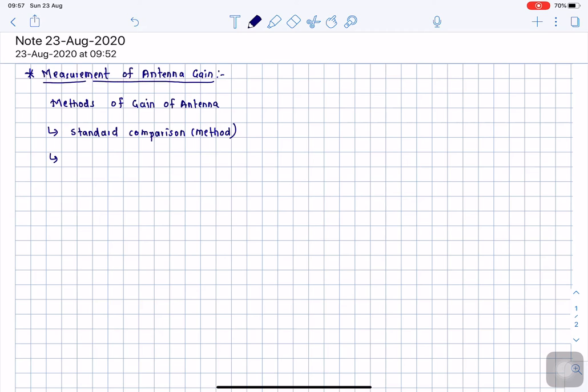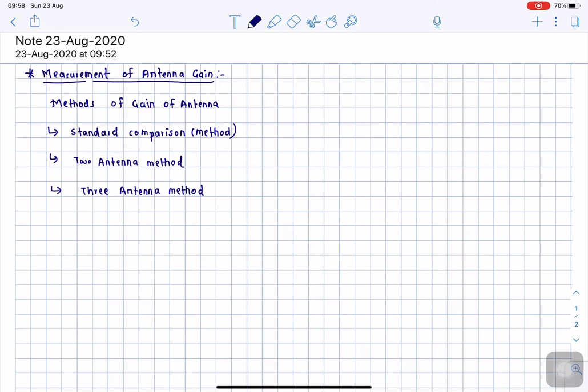The second method is the two antenna method, in which we make use of two identical antennas. And the third method is very accurate, in which we make use of three separate antennas, the three antenna method. All these methods we are going to see one by one in a brief way.